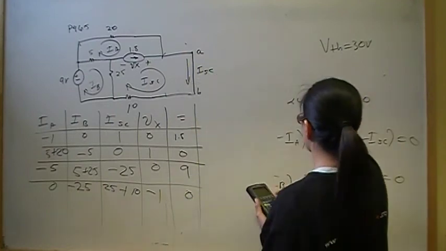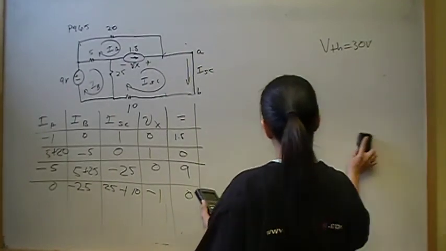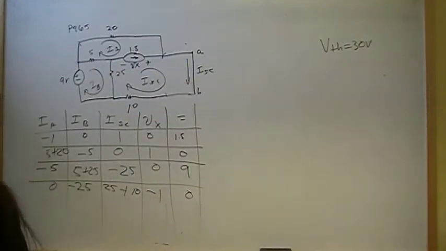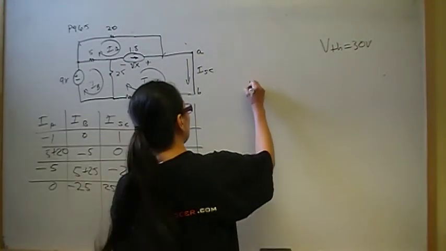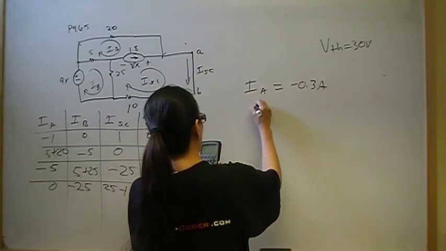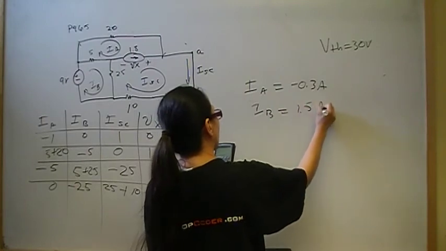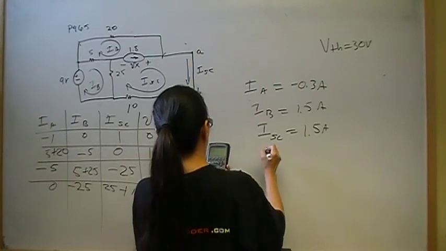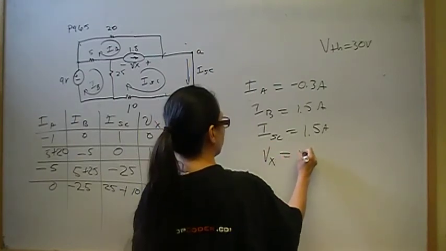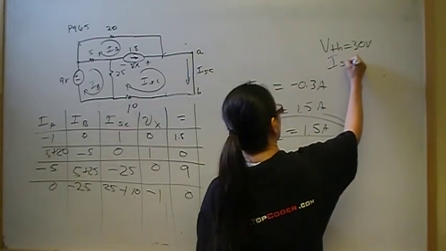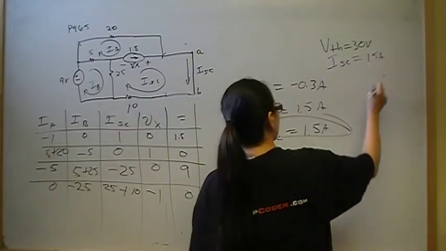When you solve this system of simultaneous equations, you should come up with IA is negative 0.3 amps, IB is 1.5 amps, I short circuit is 1.5 amps, and Vx is 15 volts. We're looking for that. So we have I short circuit is equal to 1.5 amps.